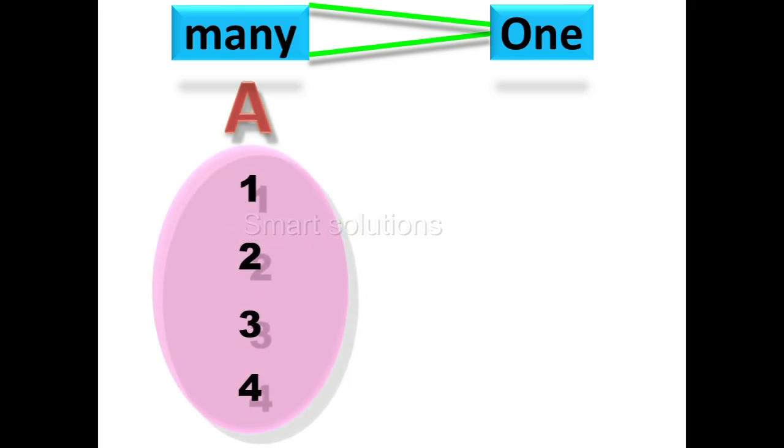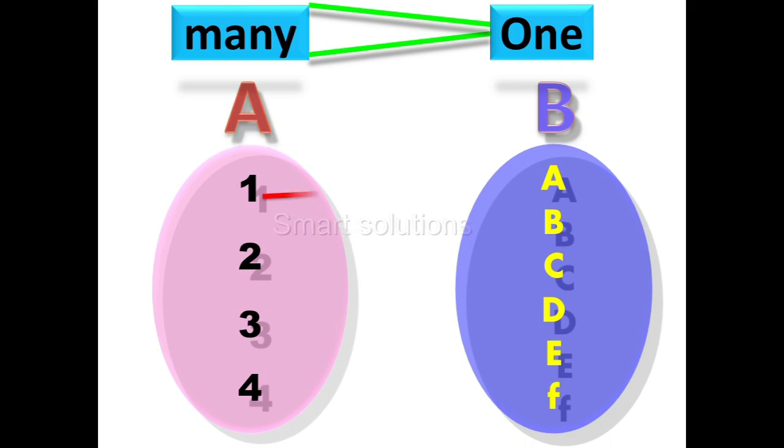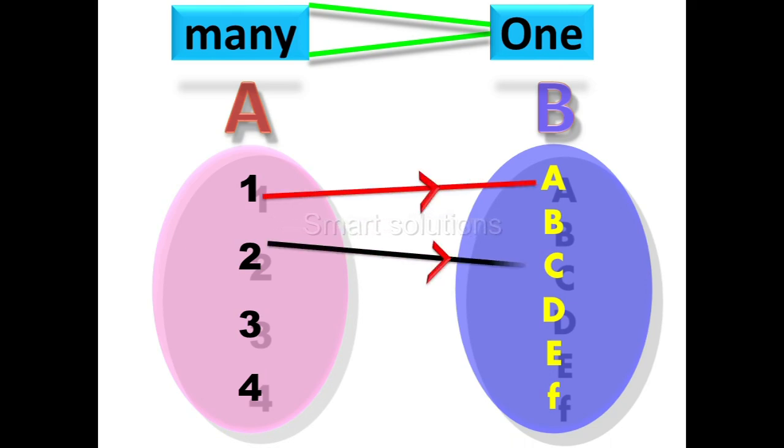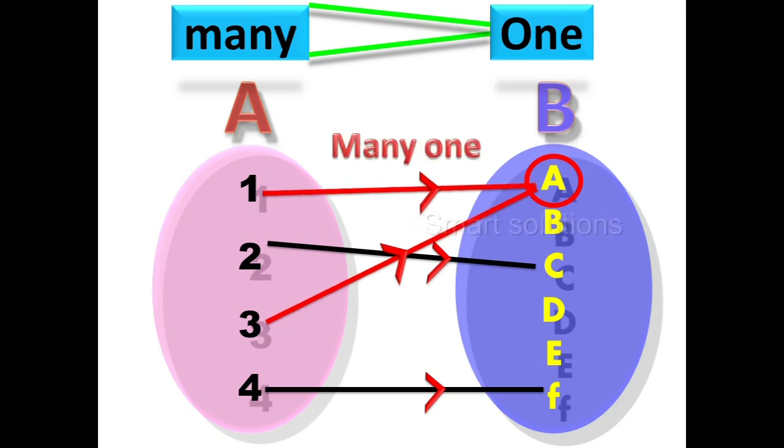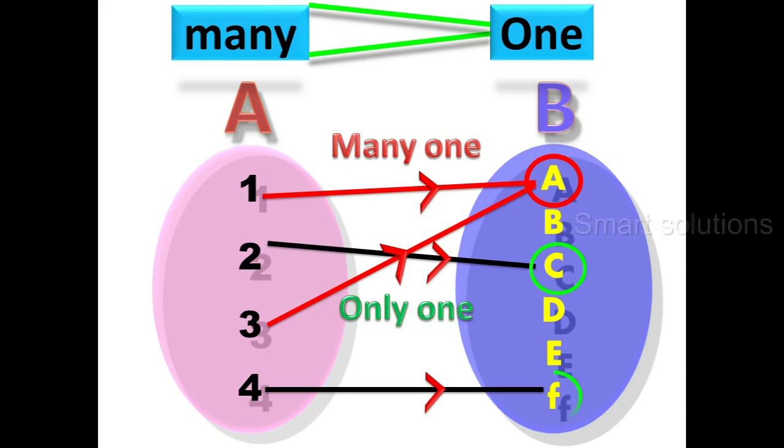Observe this function. Here, element A has two relations and the remaining elements have only one relation, so it is a many-one function.